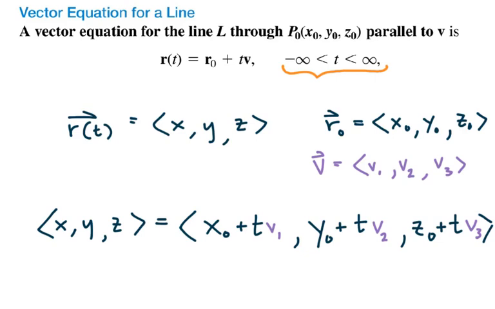So you see we have the three components of our original vector, x, y, z, that we wanted to determine. And this leads us to the parametric equations for a line.